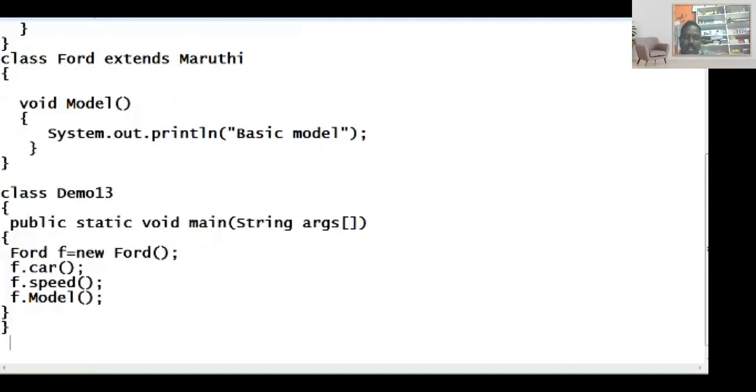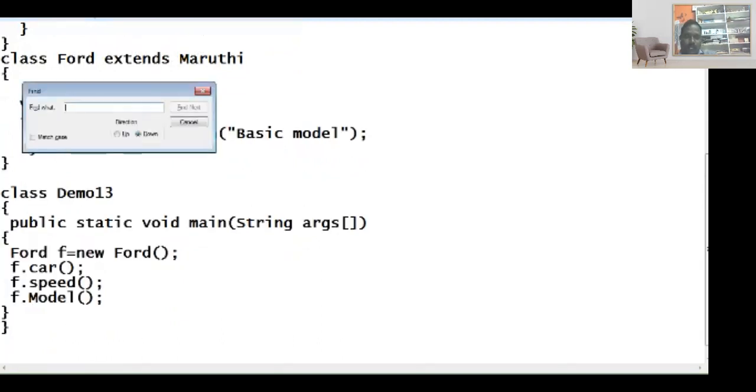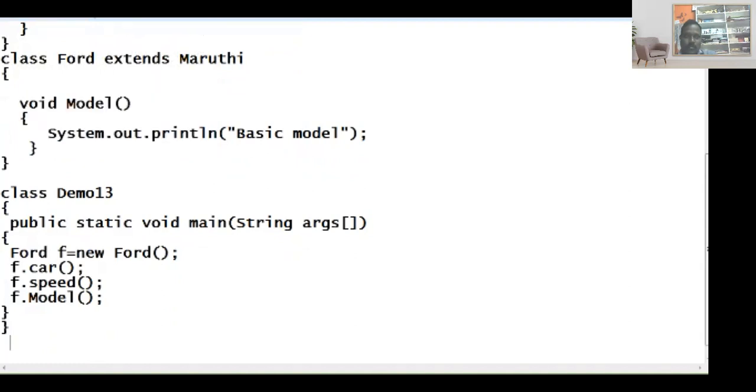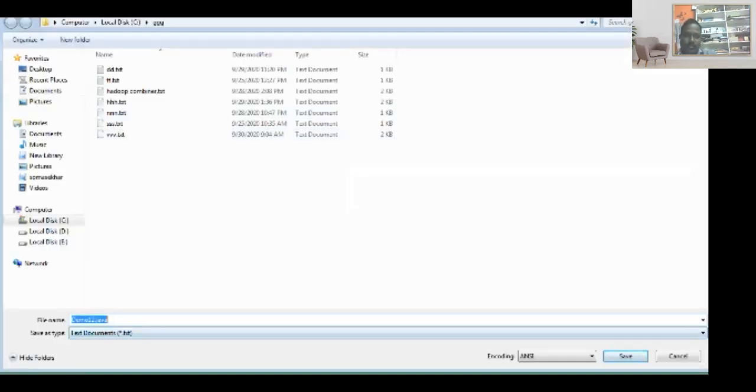Then I'm going to save this. Alt F, Save as demo 13 dot java.